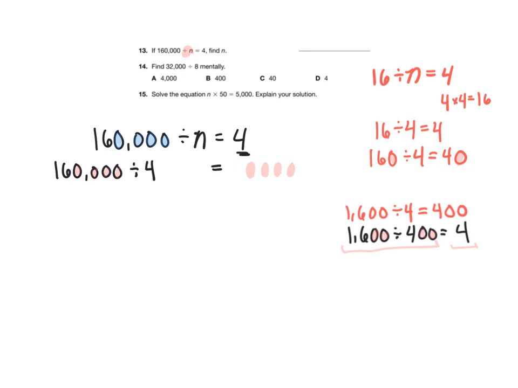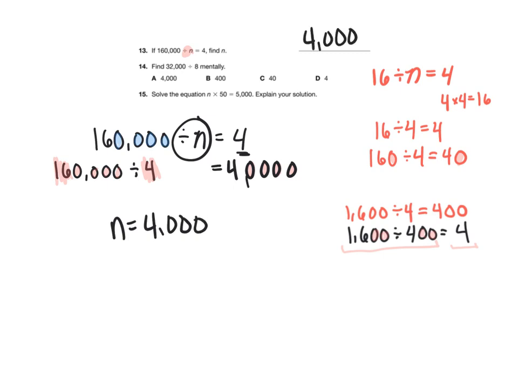Divide my non-zero digits. 16 divided by 4 equals 4. 1, 2, 3, 4. So that's 4,000. The value of n is 4,000. True story, I don't think I taught that very well. I'm sorry, guys. I'm trying to keep things not too complicated, but I also keep getting myself distracted and getting overly complicated where I don't need to.